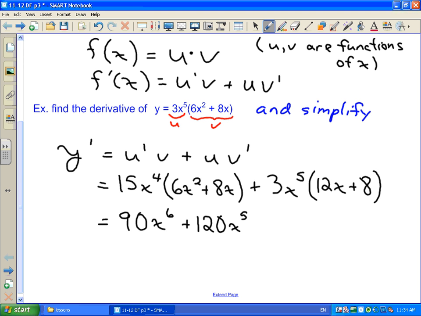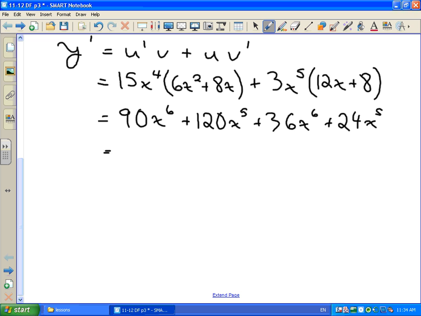And over here, we're going to have 36x to the power of 6 plus 24x to the power of 5. And then we just want to collect our like terms. So we'll have 126x to the power of 6 plus 144x to the power of 5. And that would be our derivative.